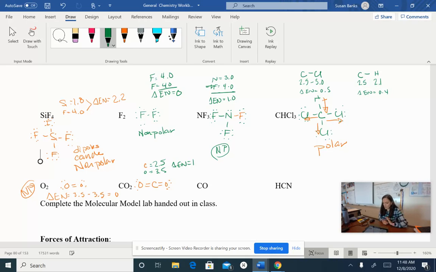Now, oxygen is more electronegative, so I'm going to have a dipole here and a dipole here, pulling out towards the oxygens. Let's put that in the PhET and see if indeed that molecule is linear and if that does cancel out like it looks like on paper.